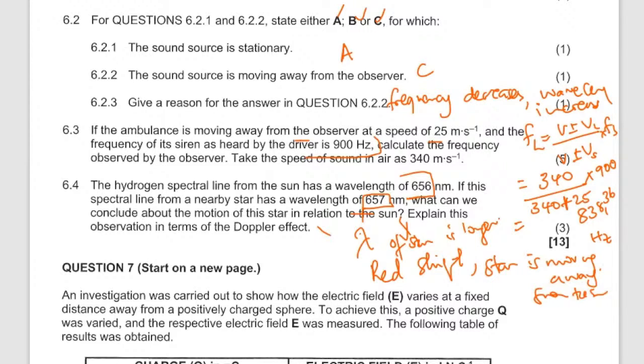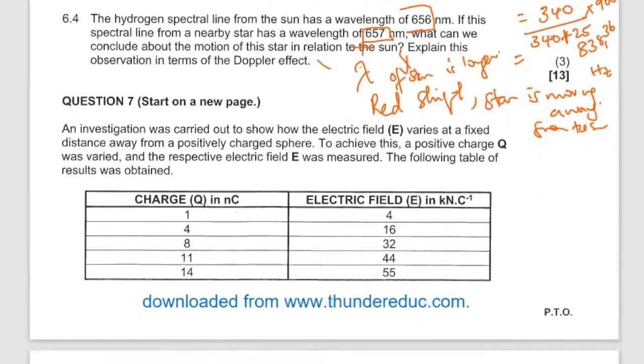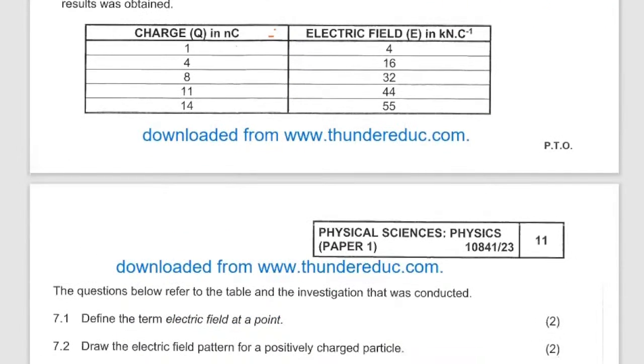Question number 7. An investigation was carried out to show how electric field varies at this distance with a positively charged field. To achieve this, positive charge Q was varied and so on. So the following table, you have the charge in nanocoulomb and then the electric field. Then define the term electric field at a point.